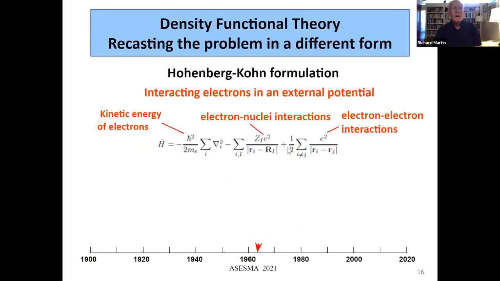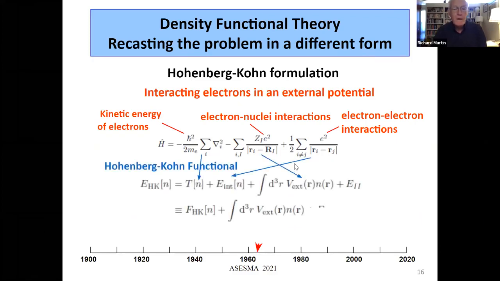So what did Hohenberg and Kohn do in recasting this problem in a different form? Here's the equation again. But what Hohenberg and Kohn did was to focus not on the Hamiltonian itself, but on the energies.